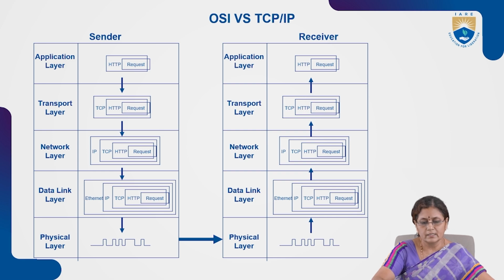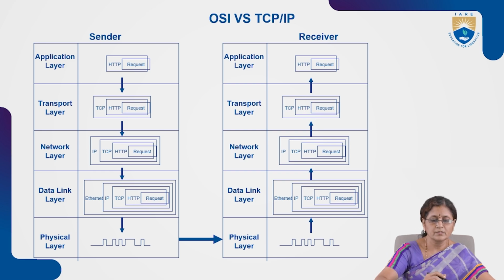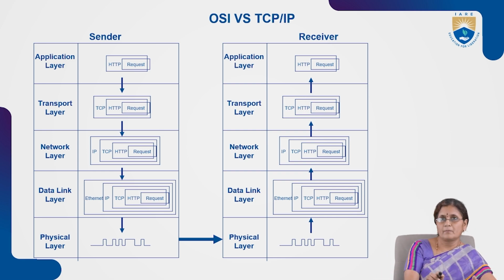OSI versus the TCP layers continues. Here we have the 5-layer approach: physical layer, data link layer, and network layer.